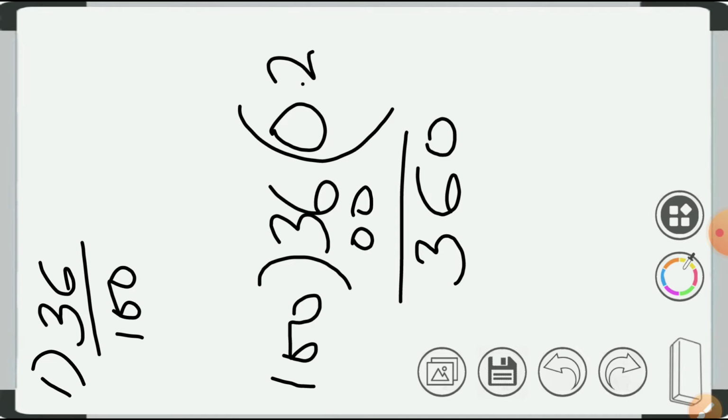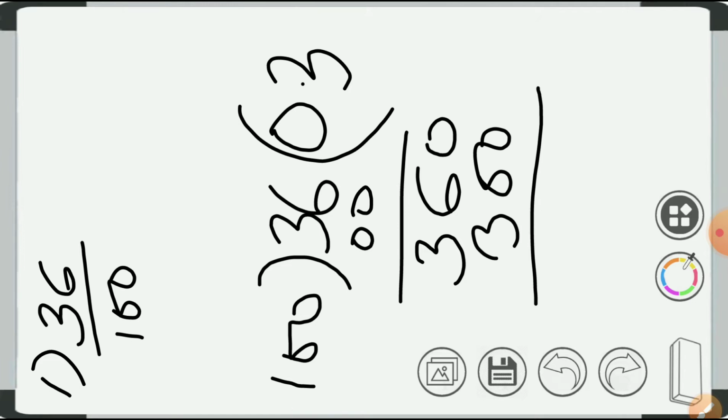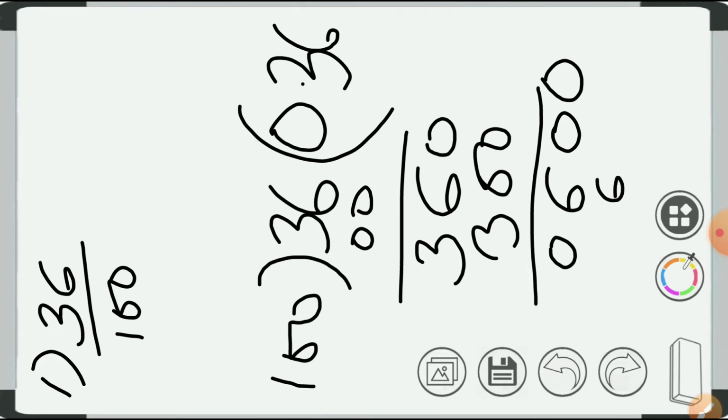100 3s are 300. Now subtract it. 0 minus 0, 0. 6 minus 0, 6. 3 minus 3, 0. Now put 0 from ourselves. Next 100 6s are 600.